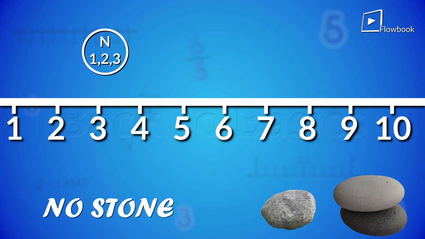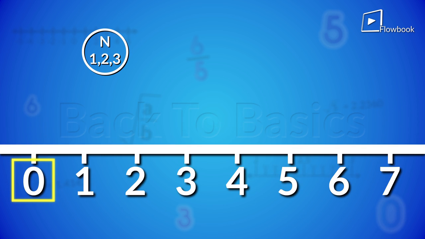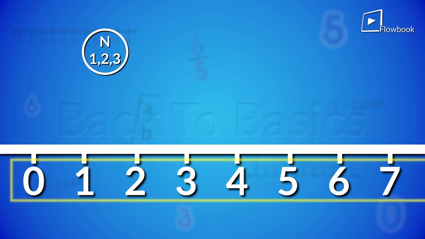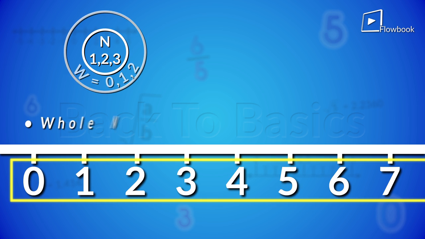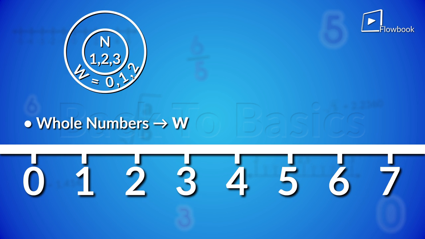But then came the concept of nothing, and we started using the number 0 to represent it. Once 0 was discovered, mathematicians thought that the entire number system was complete, and thus the entire set of natural numbers along with 0 came to be known as whole numbers. These are represented by the capital letter W.